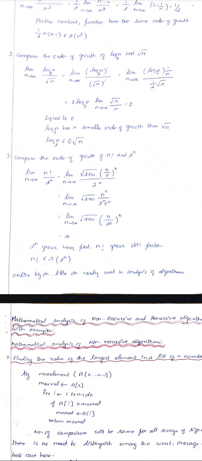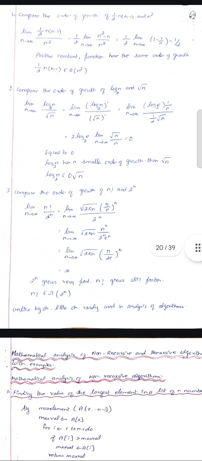Then 2 power n grows very fast, but n factorial grows still faster. Therefore, n factorial belongs to big omega of 2 power n.